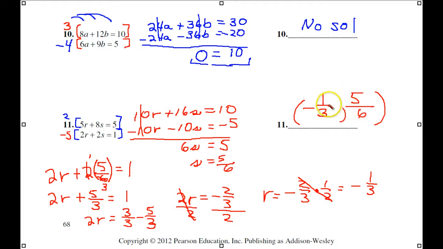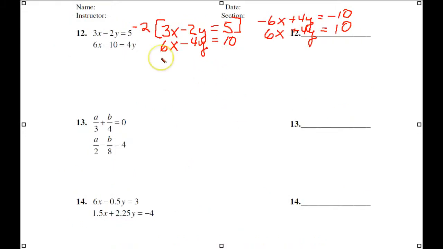Again, I'm not going to give you these rather difficult problems. Most of ours will be whole numbers. I'm going to try to be sure we do that. Okay, one of the things, set them up in standard form. I had to move this 4y over here. And then I said, well, wait a minute.